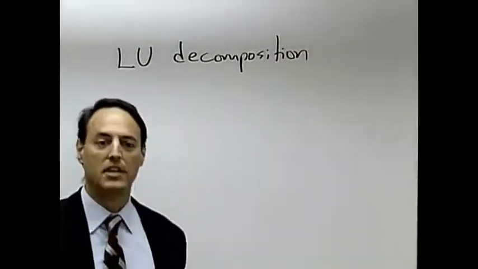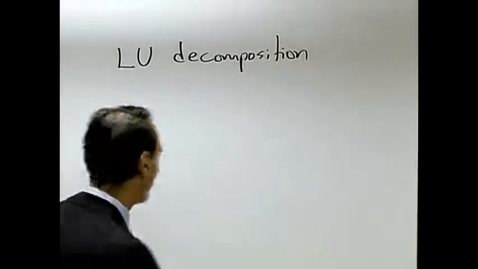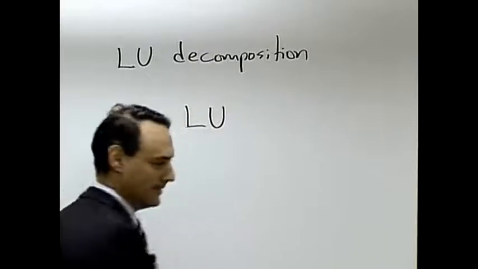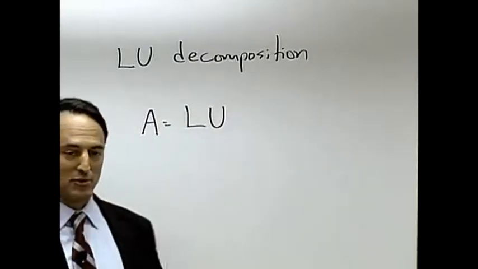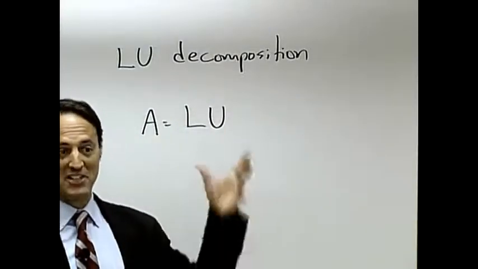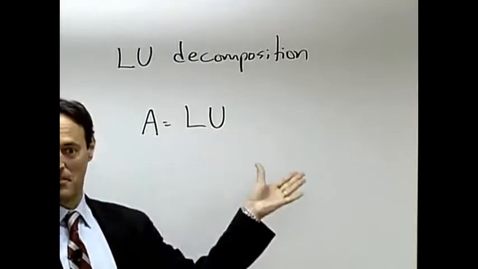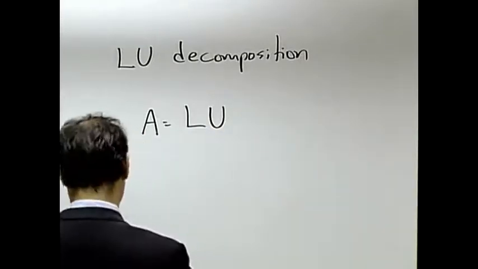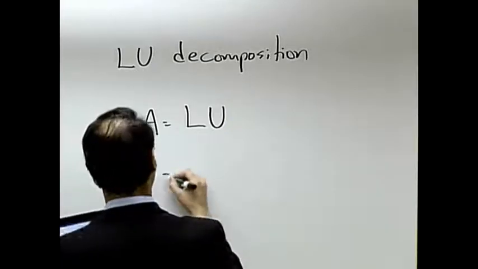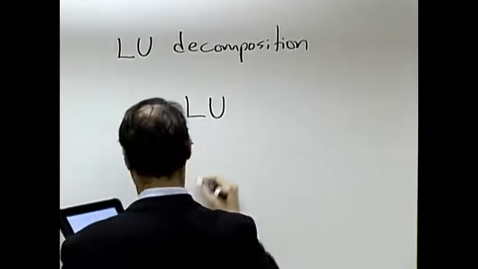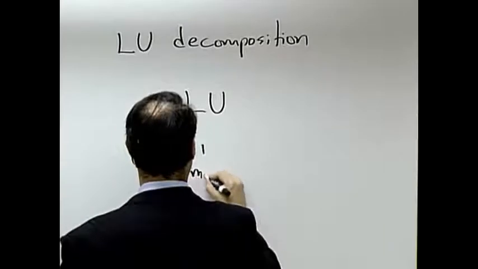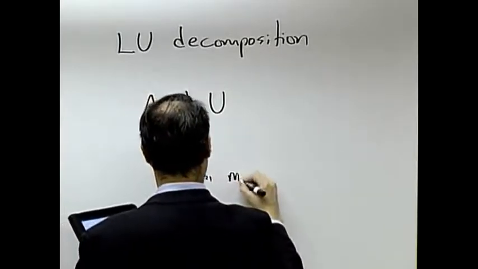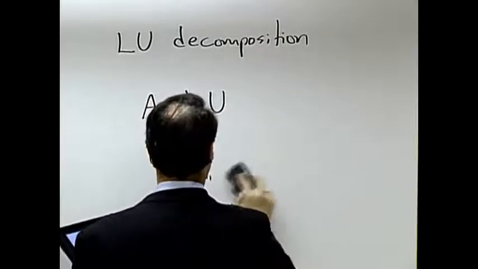Here's the idea behind LU. What if I could write my matrix A as two matrices, L and U? That's the name, LU decomposition. What's special about L and U? L is some matrix that looks like this.